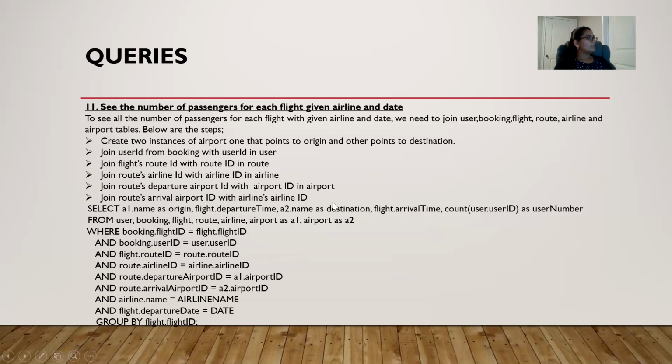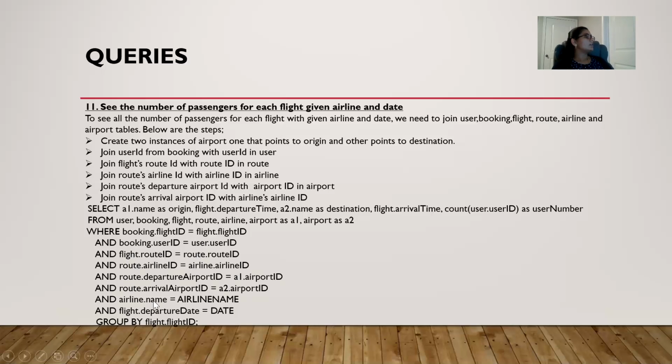Then we join user ID from booking table with user ID in user table, route ID in flight table with route ID in route table, and airline ID from route table with airline ID in airline table, departure airport ID from route table with airport ID in airport table, arrival airport ID from route table with airport ID in airport table.